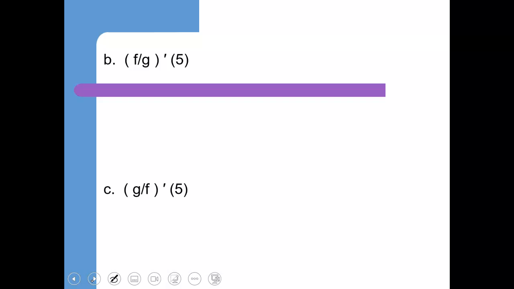So now we need the quotient rule. So the quotient rule again is ho d hi, or hi lo. So it's ho d hi.